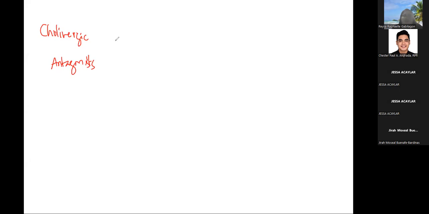Can you see it? Okay. Cholinergic antagonists depend on our receptor. So we have antagonists on the muscarinic receptors, which we call anti-muscarinic, or what we really call anticholinergics. And then we also have this one on the nicotinic receptor.